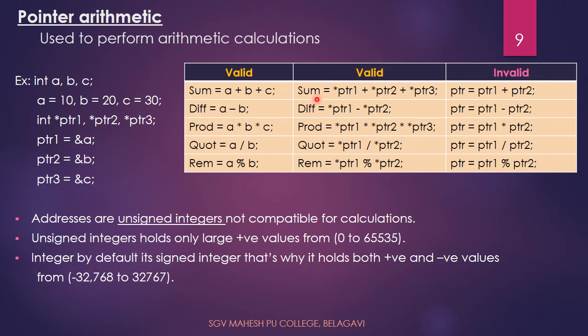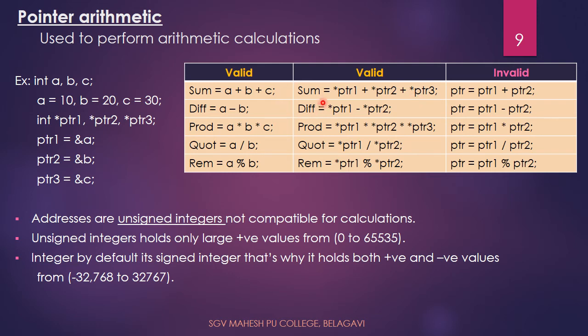So it's as good as saying the same statement which I had in the first column. It's nothing but A plus B plus C, or we can write the same thing in another way as star ptr1 plus star ptr2 plus star ptr3, with star prefixed for the pointers.